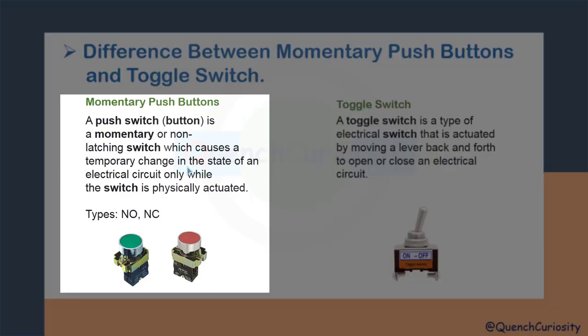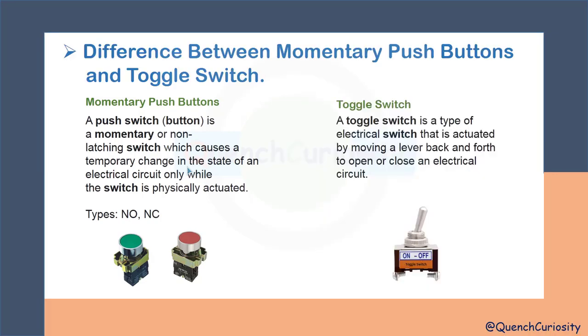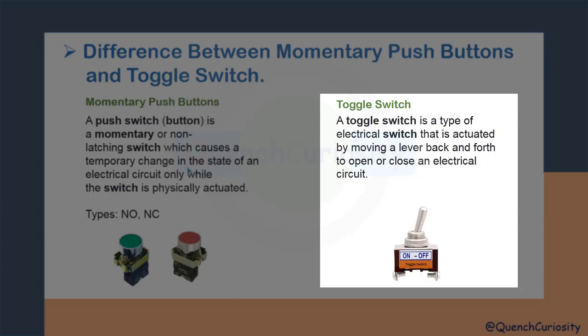The momentary push button only closes the circuit as long as you press and hold it. Otherwise, it will break the circuit. In case of a toggle switch, once the state of the lever is changed or toggled, it remains in that state unless it is toggled again by some external force.